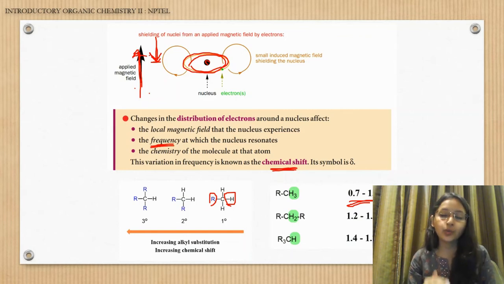But if you have high shielding, then the nucleus will show up very early in the 1H NMR. If you give a certain frequency, it will resonate at this particular frequency. So the shielding effect is lowering the frequency at which the particular nucleus is resonating in 1H NMR. Is it clear now?